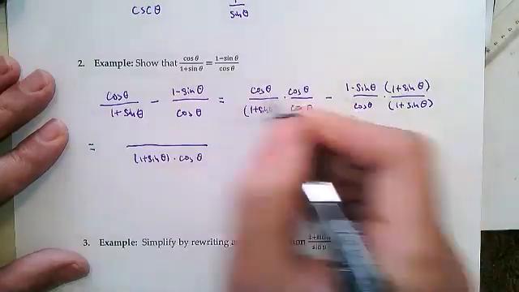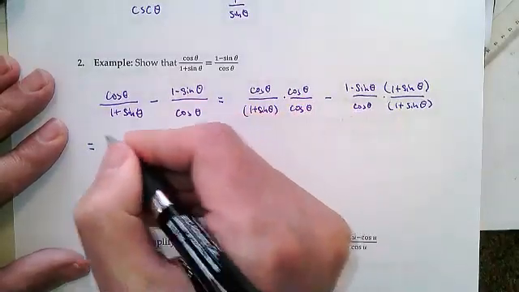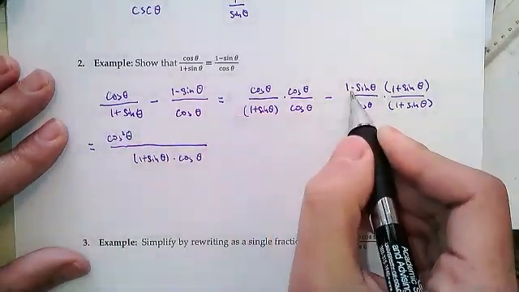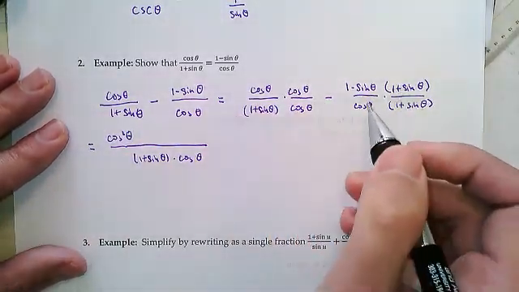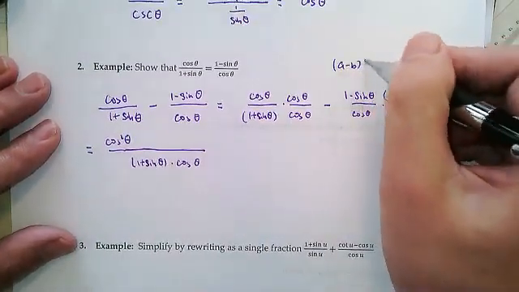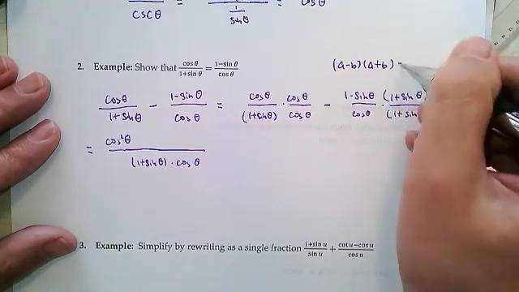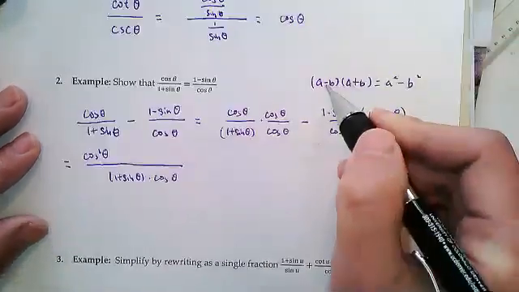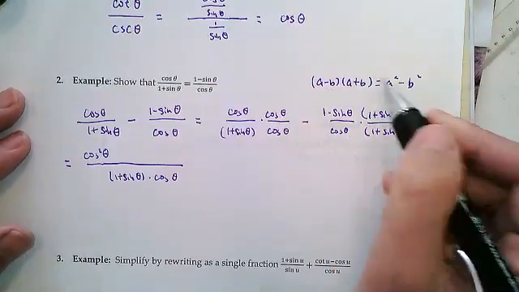This cosine times cosine is cosine squared. This is 1 minus 1 plus. Remember the very famous formula: 1 minus anything times 1 plus the same thing gives you a square minus a square. Do you need me to elaborate on this formula?